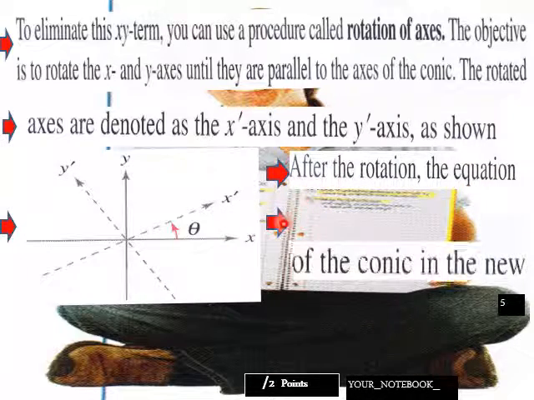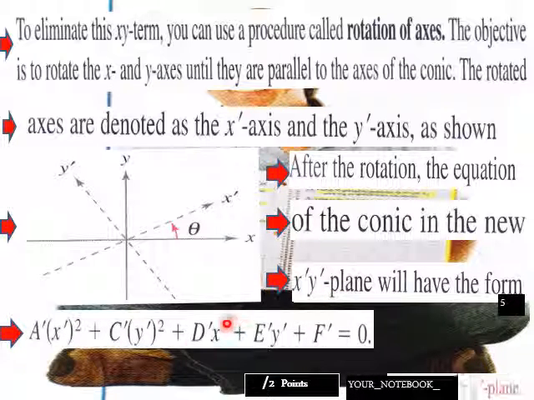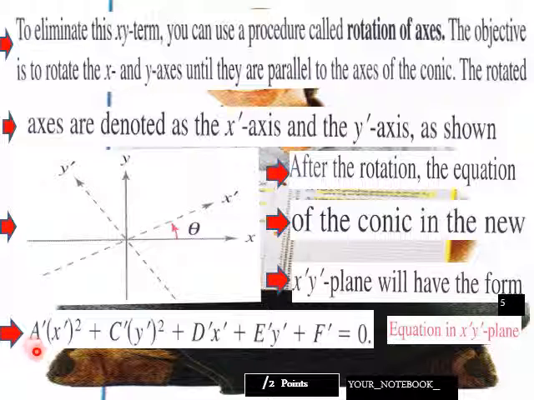After the rotation, the equation of the conic in the new x prime y prime plane will have the form of a prime x prime squared plus c prime y prime squared plus d prime x prime plus e prime y prime plus f prime equals 0. So this will be a rotation of your axes that will adjust to be parallel to the axes of the conic.